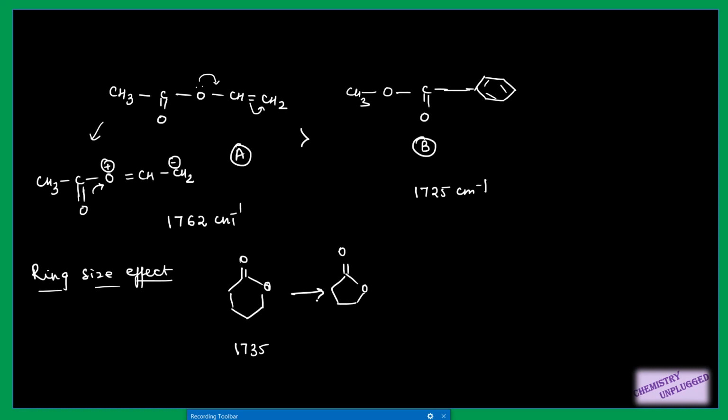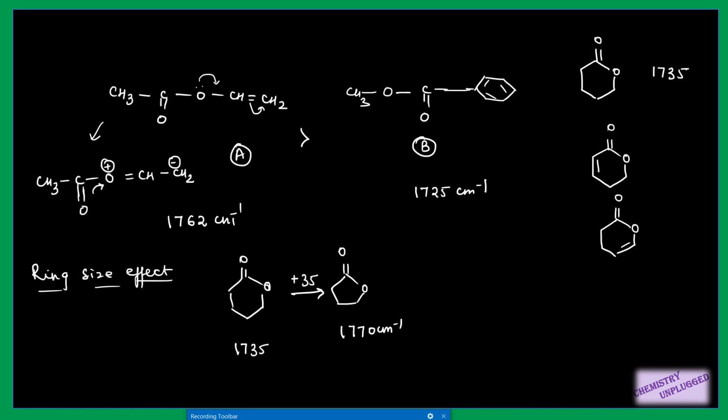Then we are decreasing the size of the ring, so this value will increase by nearly 30 to 35 centimeter inverse, and it will become 1770 centimeter inverse. So here we have three esters, right? One is a normal lactone, so it should have a value close to 1735 centimeter inverse.